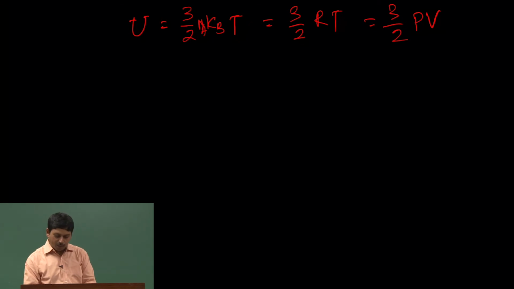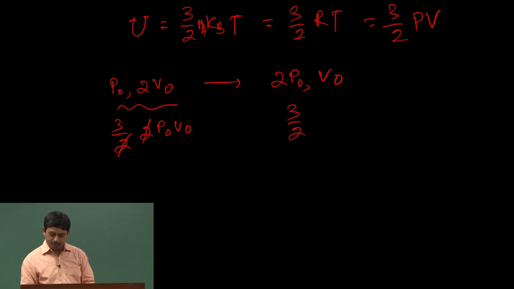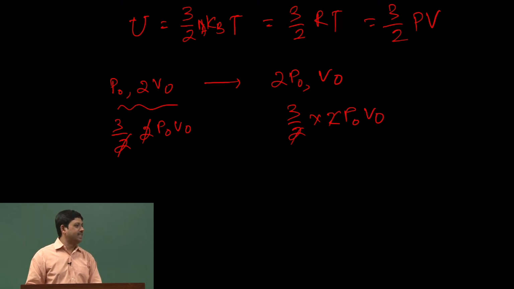We started from P0, V0 to 2P0 and V0, correct. So, what was the energy here? 3/2 times 2 P0 V0, so 3 P0 V0, right. What is the energy here? 3 P0 V0. So, the internal energy in this process did not change, but we got some work.